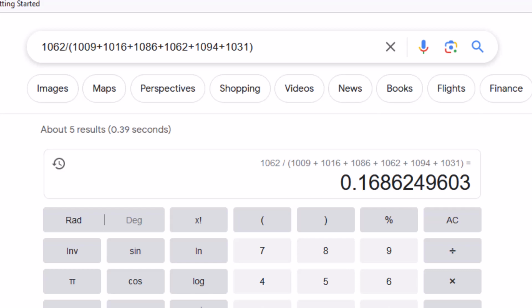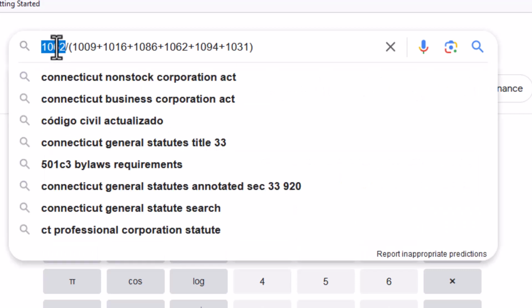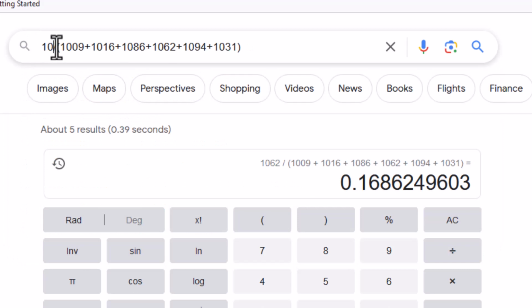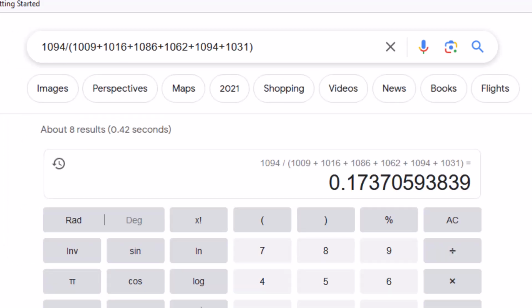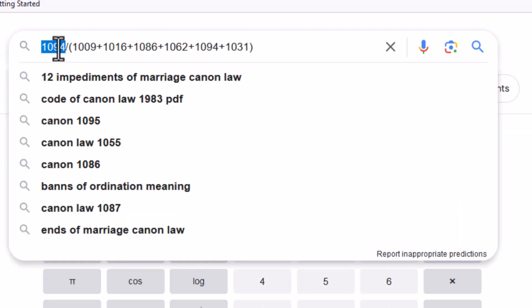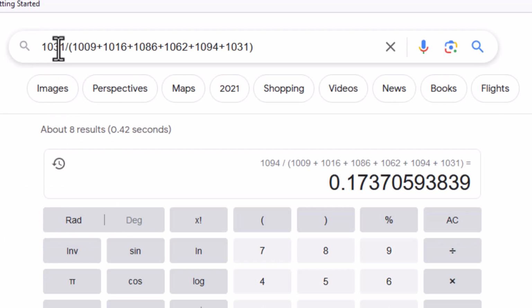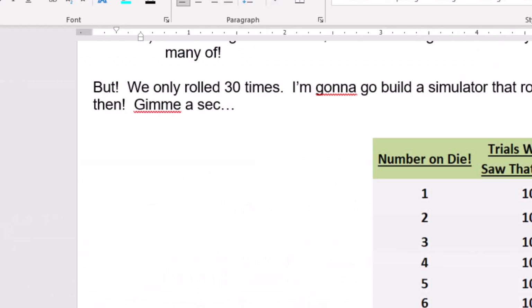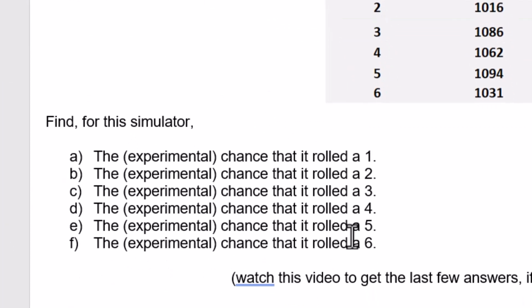So they're all pretty, quote unquote, close to about 16.7%, but they're up and down a little bit. 1094 divided by the total is 17.4%. And you can see so far that's the largest probability because it had the most trials. And last but not least, 1031, 16.4%. So those are the 6 results for right here.